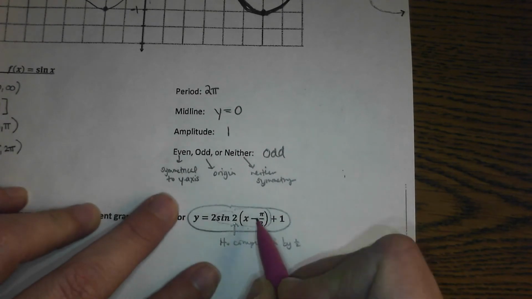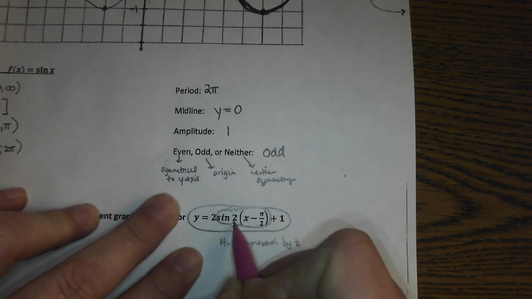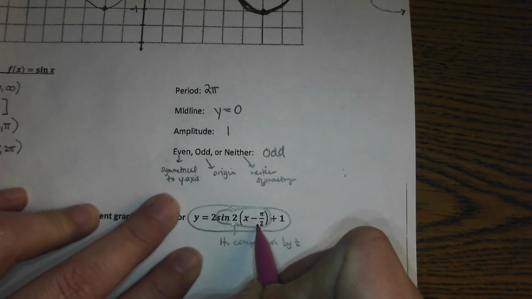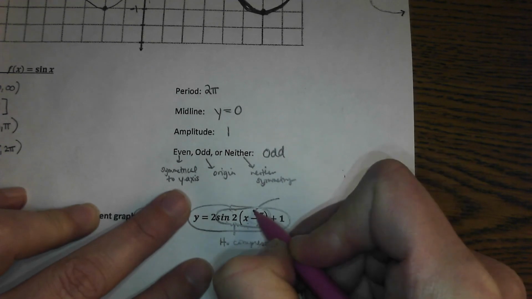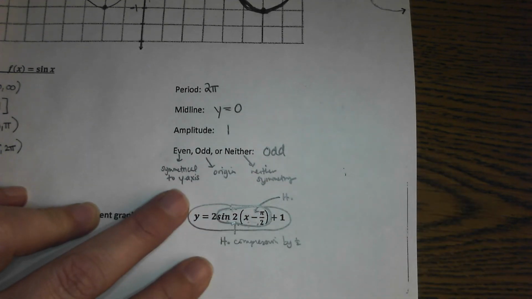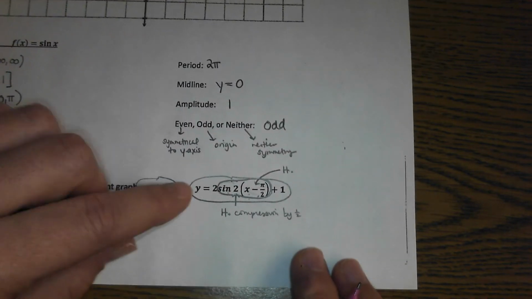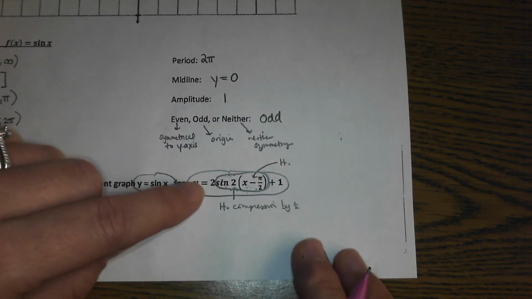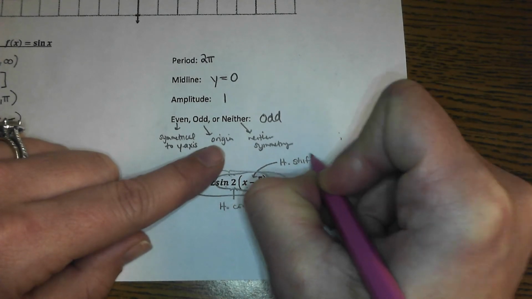This right here is still within the function. This is all within the function. This is all what I'm taking the sine of. So this x minus pi over 2 is also horizontal. What's the transformation? Is it a dilation, shift, or reflection? Shift. Which direction?